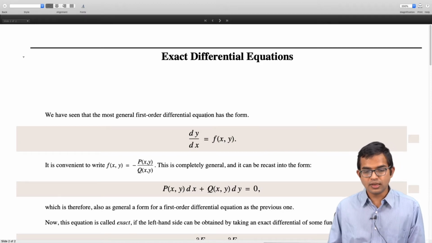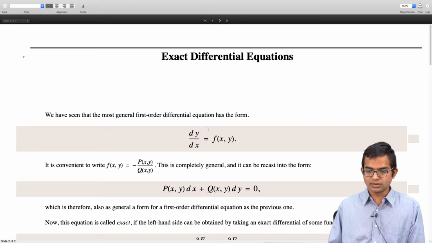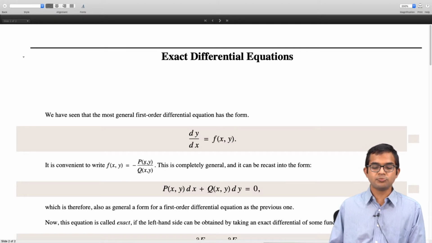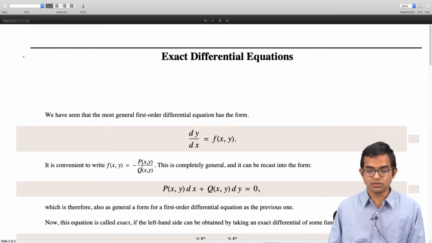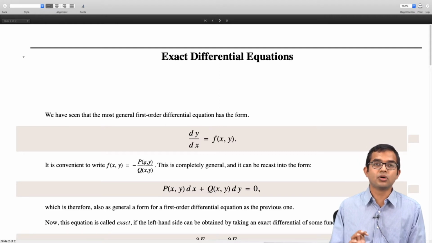Okay, so we have seen that the most general first order differential equation has this form, right? dy by dx is equal to f of x comma y, and so we have the freedom to write this as minus p of x comma y divided by q of x comma y. There is no loss of generality here, right? Only if you make these functions purely of x and purely of y, which we did when we were looking at separable forms, then you're making a concession.